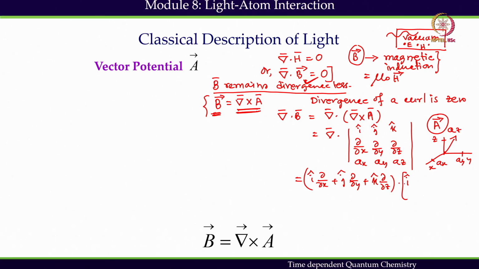This is i multiplied by del Az del y minus del Ay del z plus other 2 terms will be there.